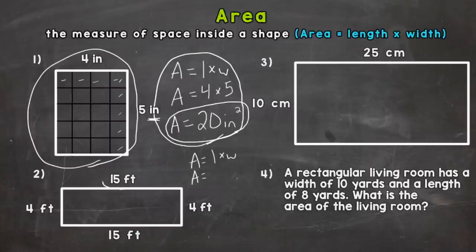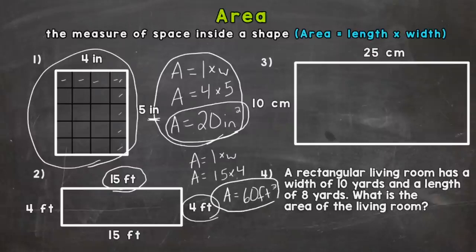I'm going to use 15 feet for the length times 4 feet for the width. 15 times 4 equals 60 square feet. And that's going to be our answer for the area to number 2.